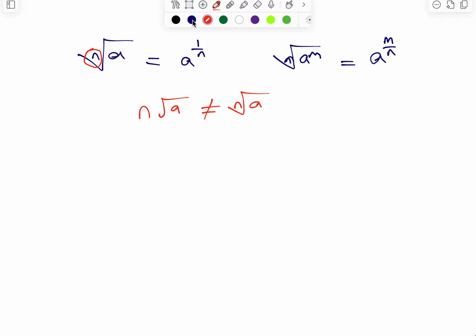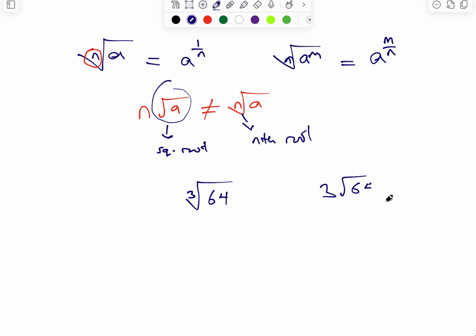This one indicates that the a here is a square root, and this one indicates that you have what we call the nth root. So let's do it like this. If I say what is the third root of 64, it is different from when I say 3 root 64.